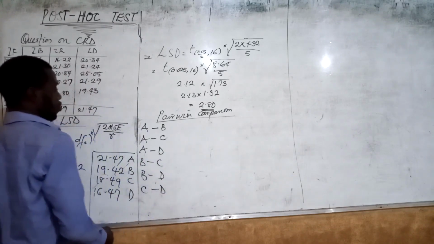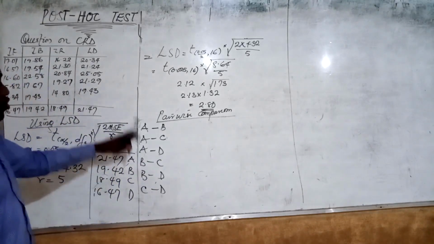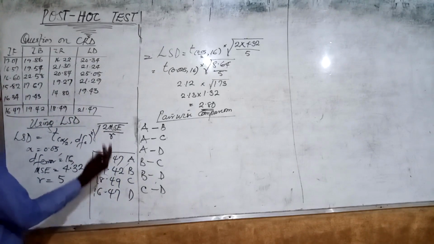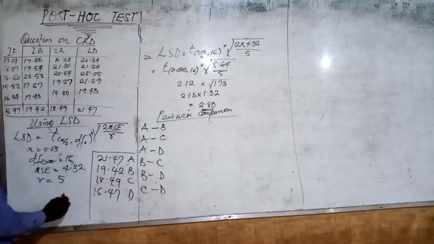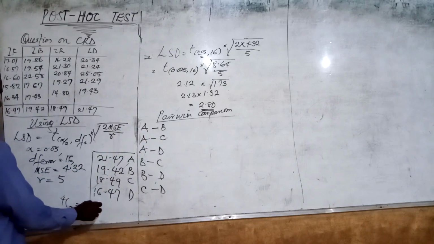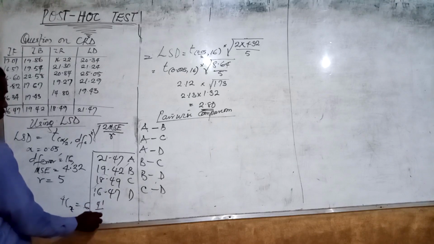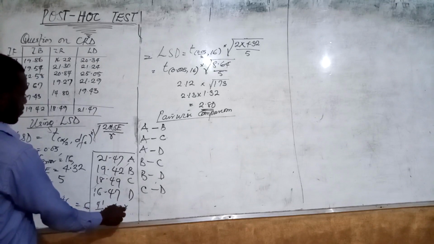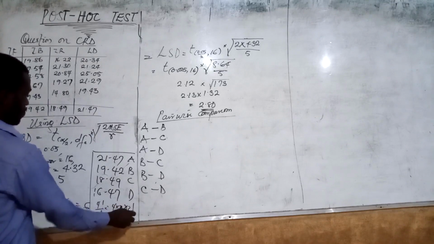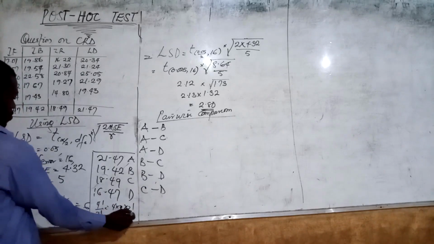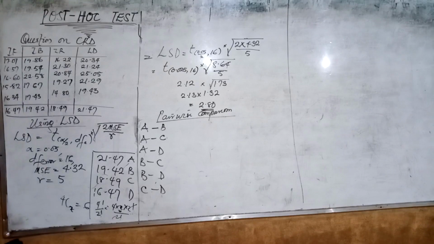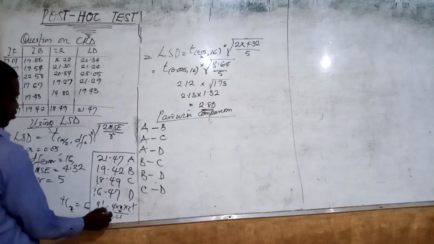So to know how many of these you will have, just do combination analysis. 4 combination 2. We are combining two things pairwise. So 4 combination 2 is going to give you 6. How do you do that? 4 factorial over (4 minus 2) factorial, times 2 factorial.